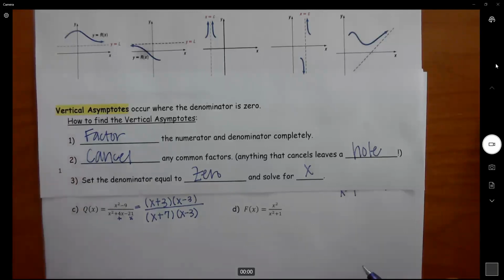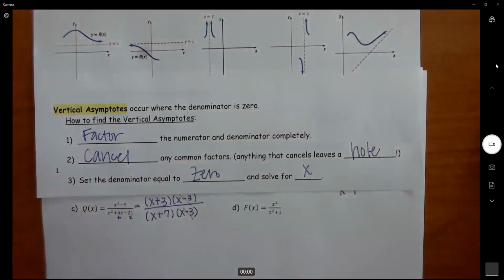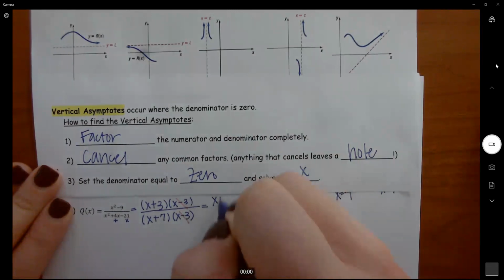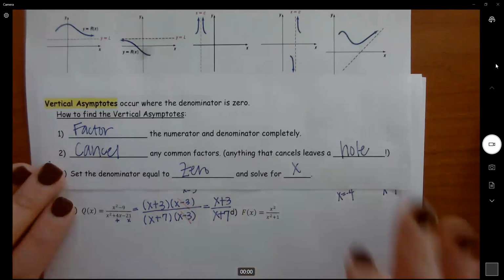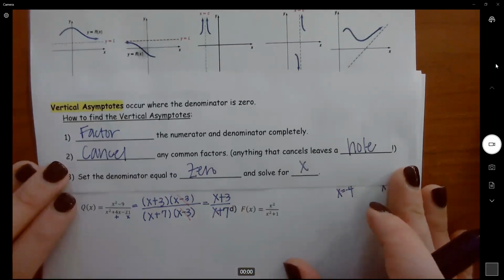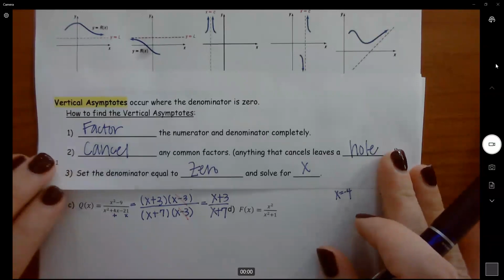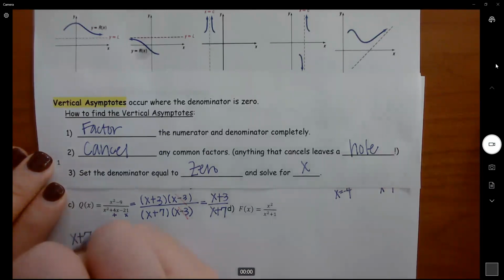Step 1 is to factor, step 2 is to cancel any common factors. Both of these have an x minus 3, so now I am left with x plus 3 over x plus 7. Once we get a little further into this, we'll keep in mind that we have a hole where x is 3. But for the purpose of this problem, we want to know where that vertical asymptote is. So I'm going to take my reduced rational function and set the denominator equal to 0.